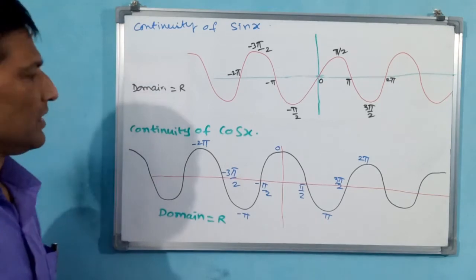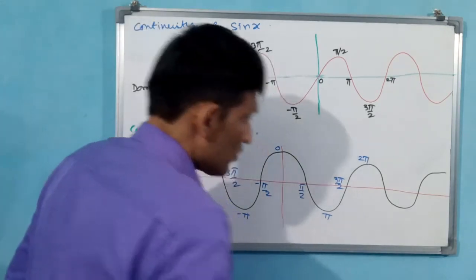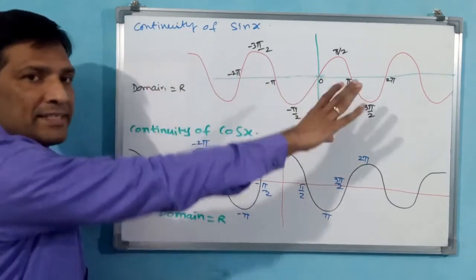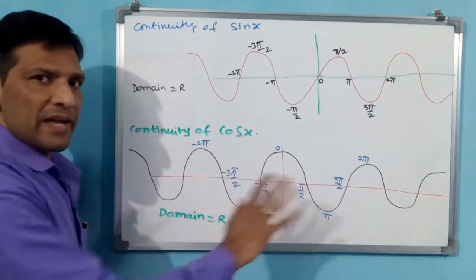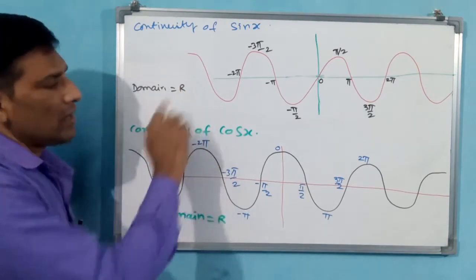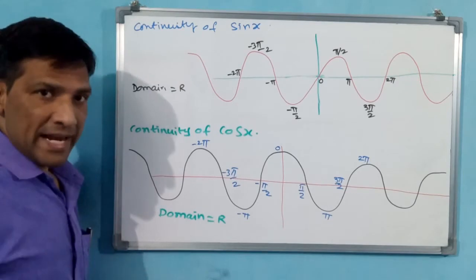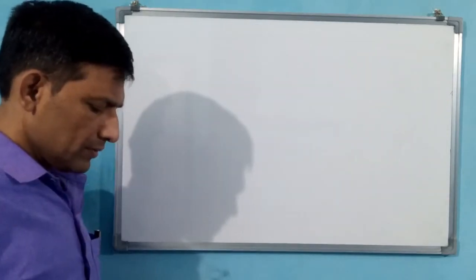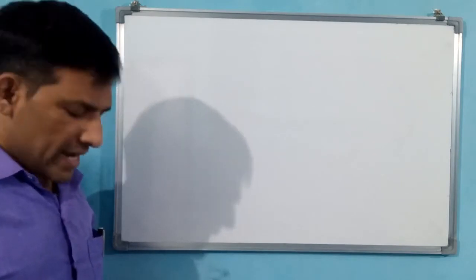Okay. Let us go for continuity of tan x. Now we can say that sin x is continuous, cos x is continuous, at x being any value, x in R. But let us see what about tan x. Let me draw the continuity of tan x.